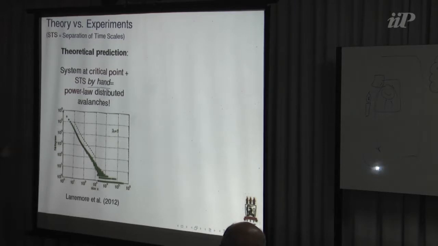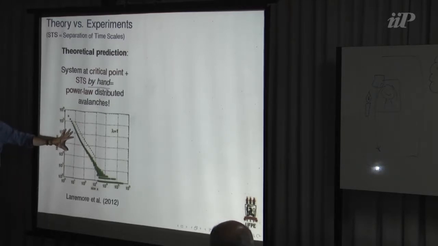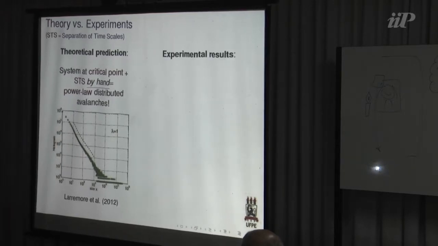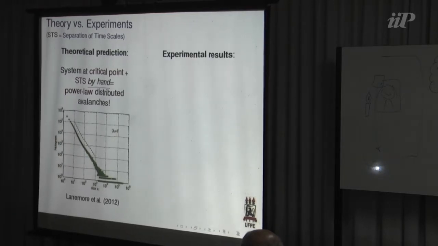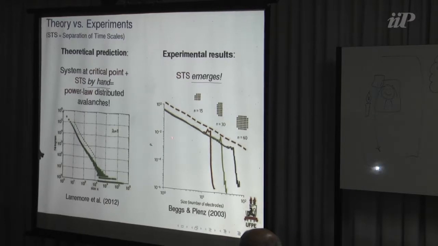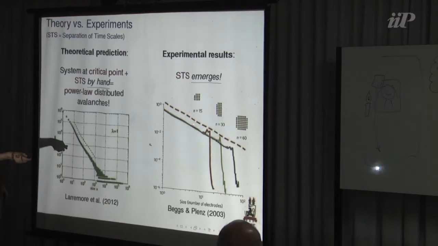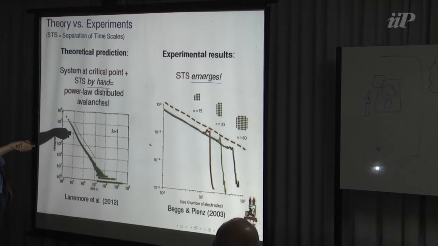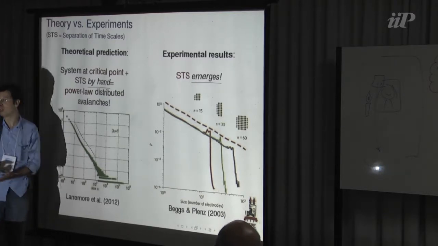This is work by Daniel Larimore, 2012, where they show you how to calculate this thing for the general case of a general topology instead of the simple Galton-Watson process. Now, experimental results, as John has shown before, I'm showing now, you also get the same power law with the same exponent 3/2. Okay? Except that note that now separation of time scales obviously emerges.